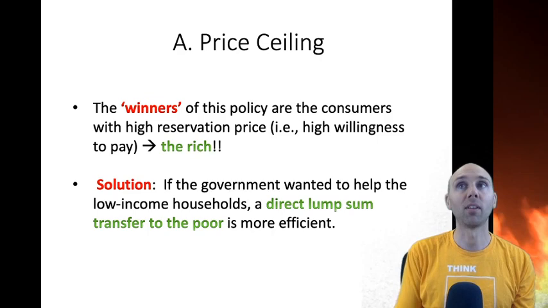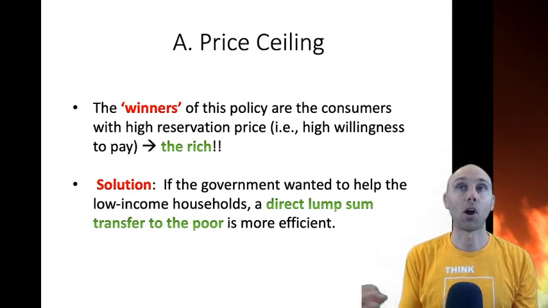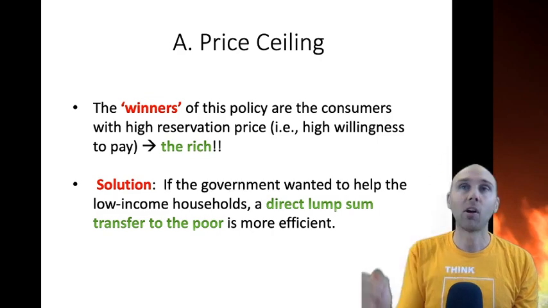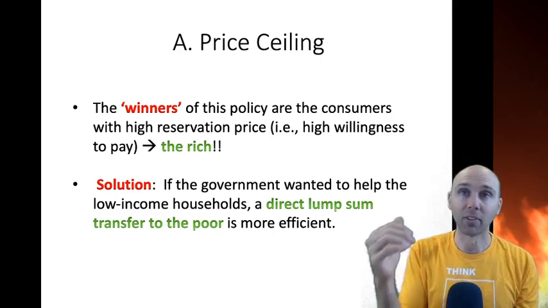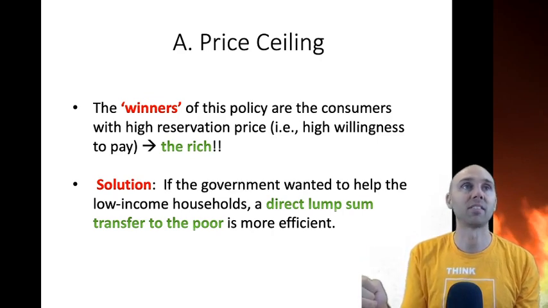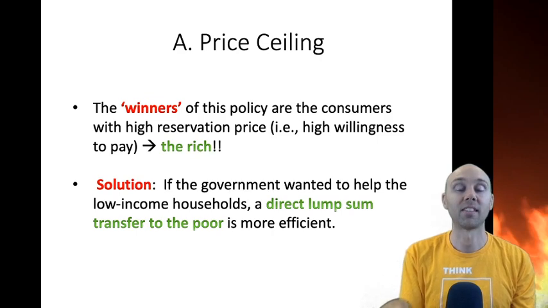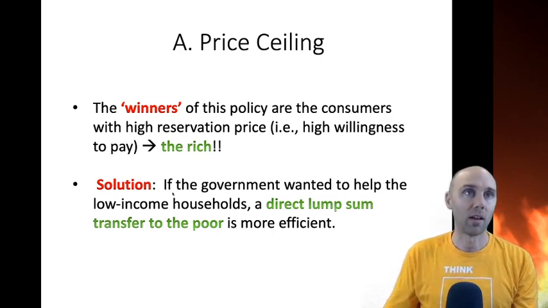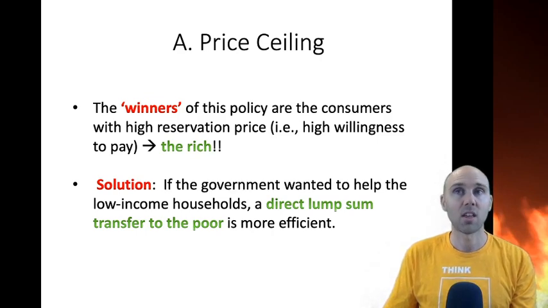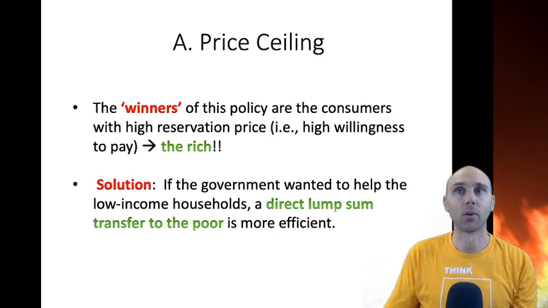So if the goal is to help consumers as a whole, as a group, this policy might make sense. But if the goal is to help the low-income households, the ones who are being negatively affected in the first place, then this is not actually the best solution. A better solution would be, instead of imposing these sort of price restrictions, to do a direct lump sum transfer that is means tested or income tested.